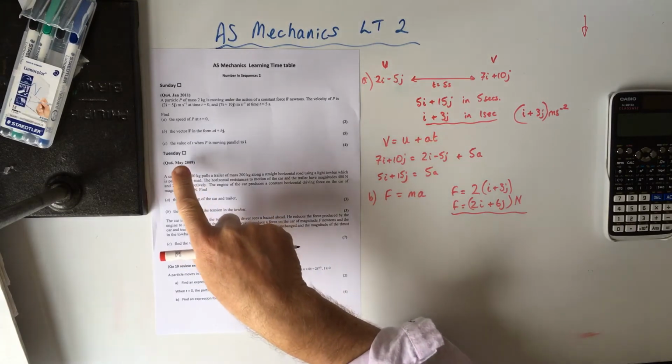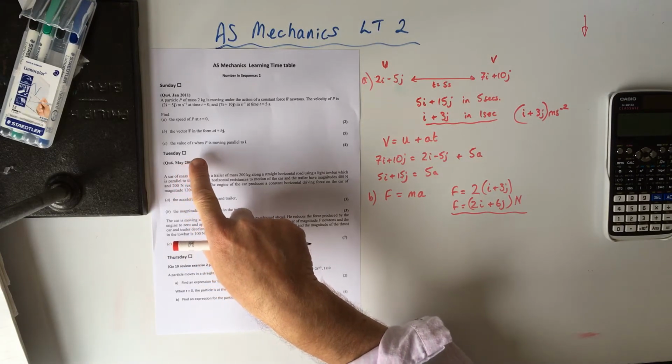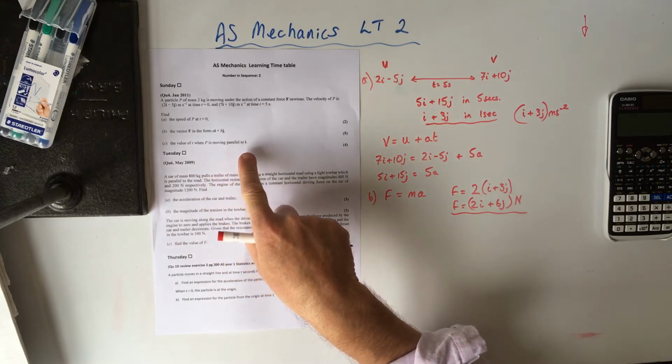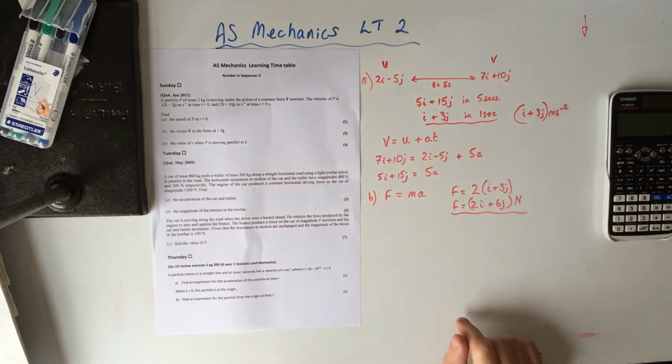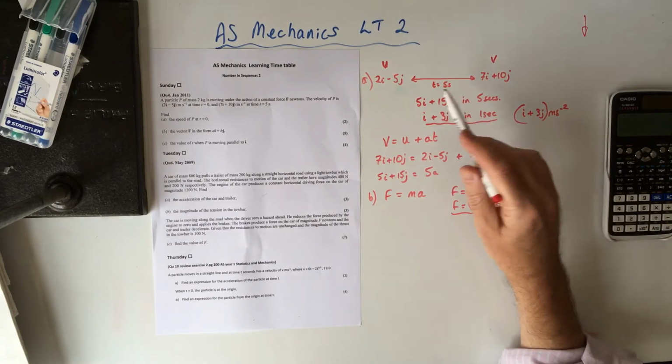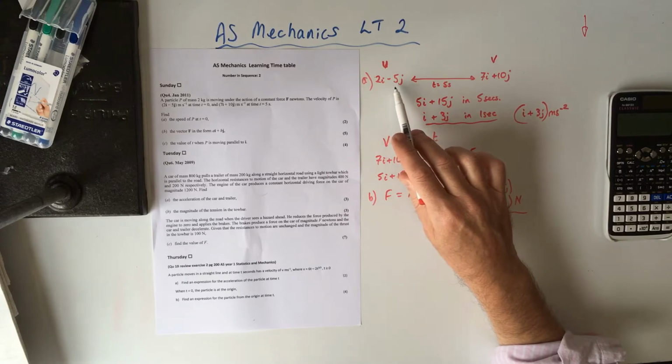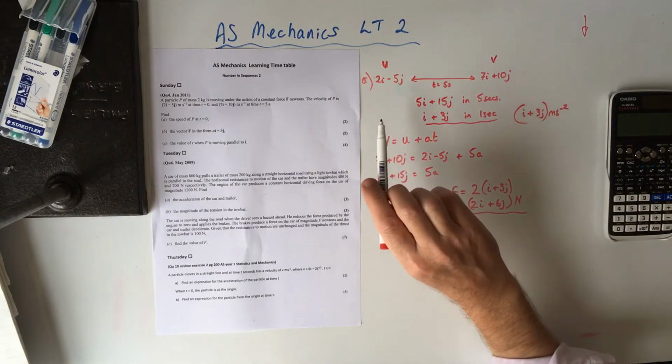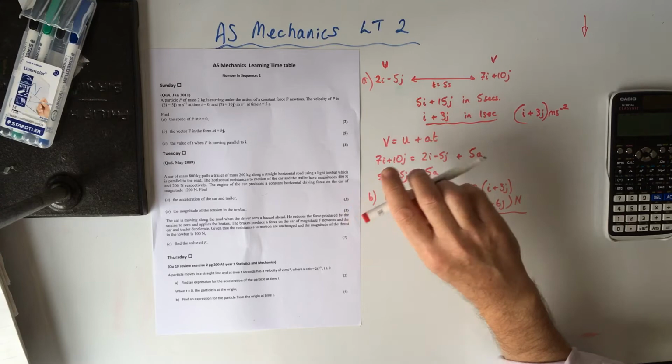And some of you may struggle with this one. The value of t when P is moving parallel to i. Okay, so you can see here that because of the acceleration, the velocity is changing. And you can see that this is actually changing direction.